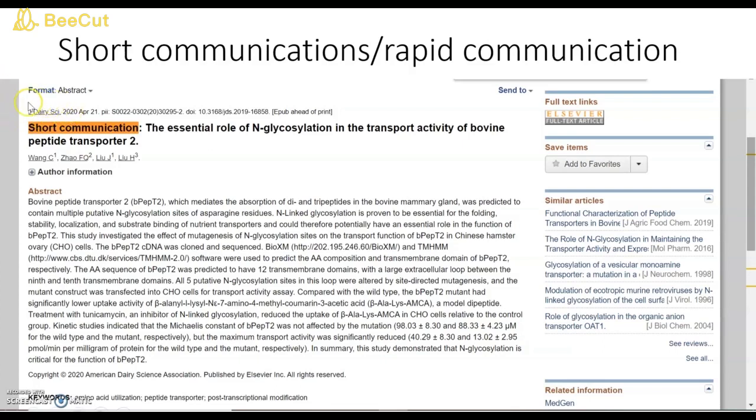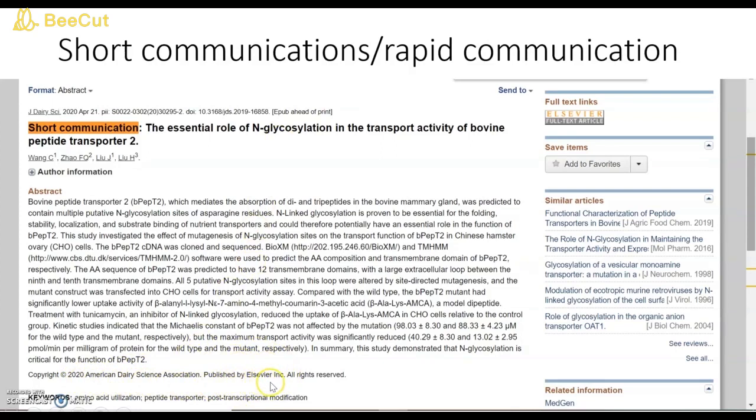Here you can see the name of the journal, the year of publication, the date of publication, and its DOI. Okay, this is ahead of print. That means it is not yet published in print version. Okay, this is available in the database of Elsevier on the Scopus website. Here is the copyright information published by the publisher.